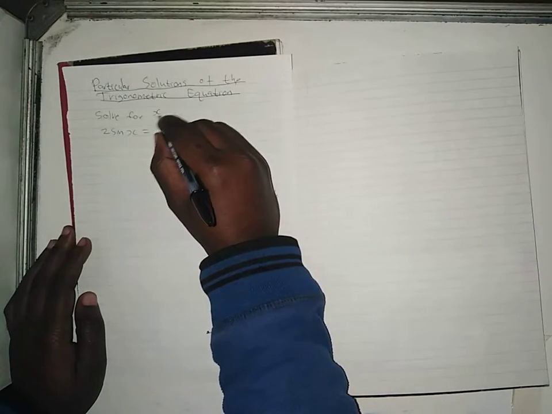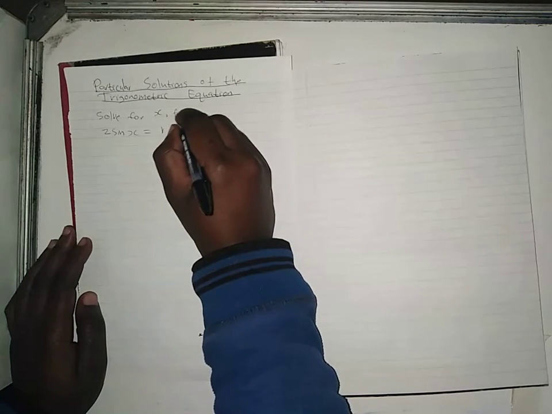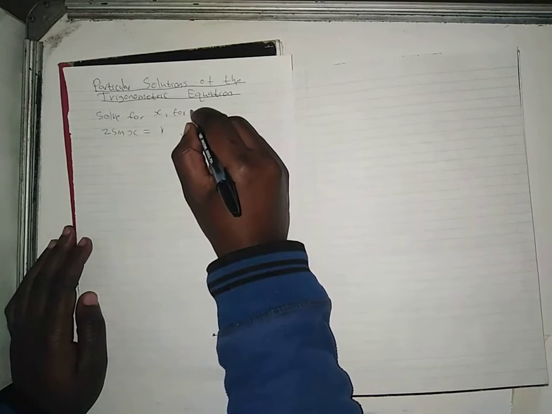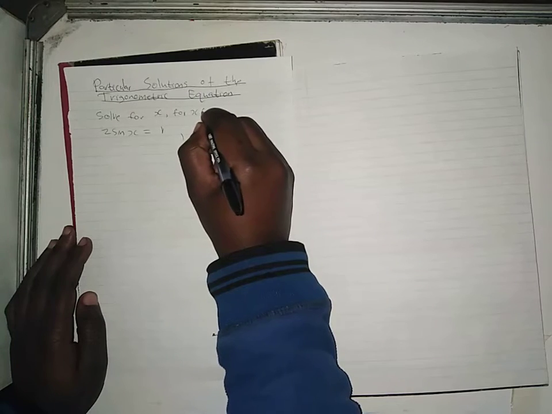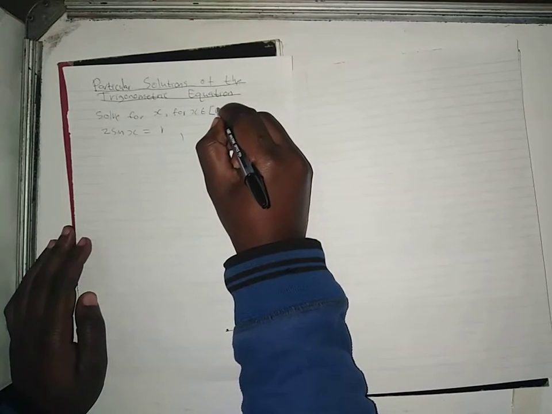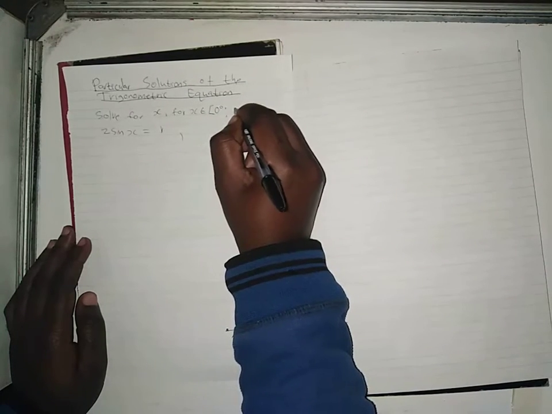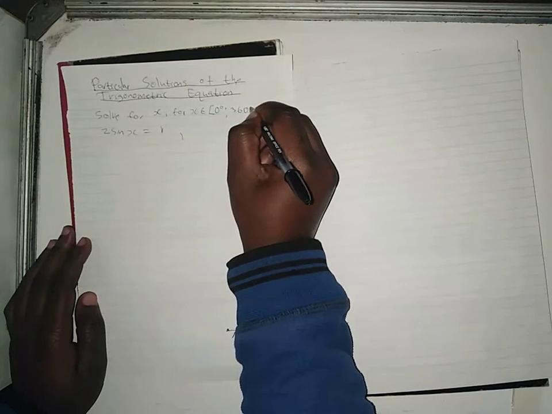Let's state it here: solve for x, for x which is an element of 0 degrees up to 360 degrees. Okay, so how do you go about doing that?